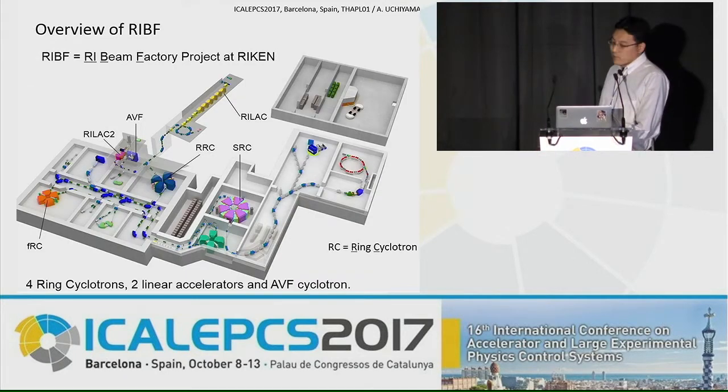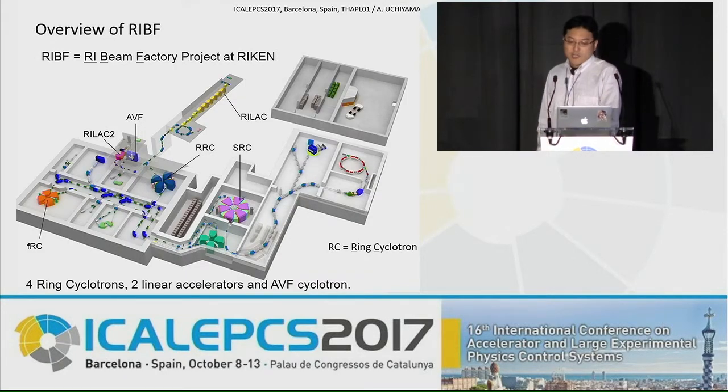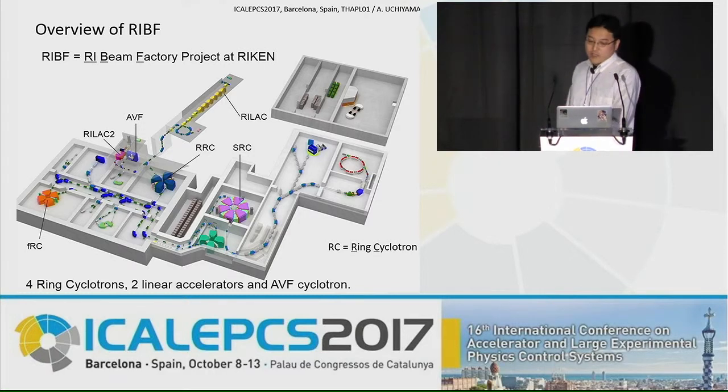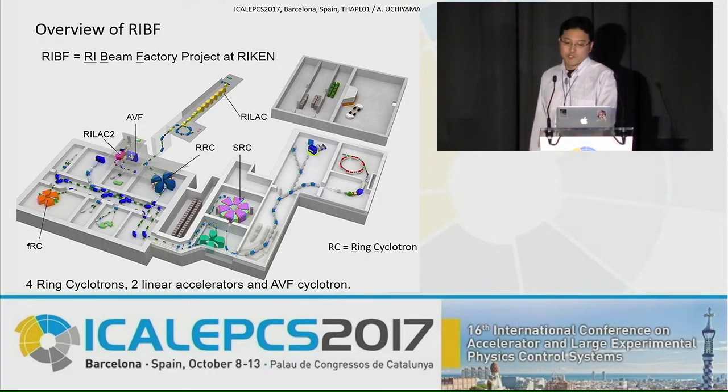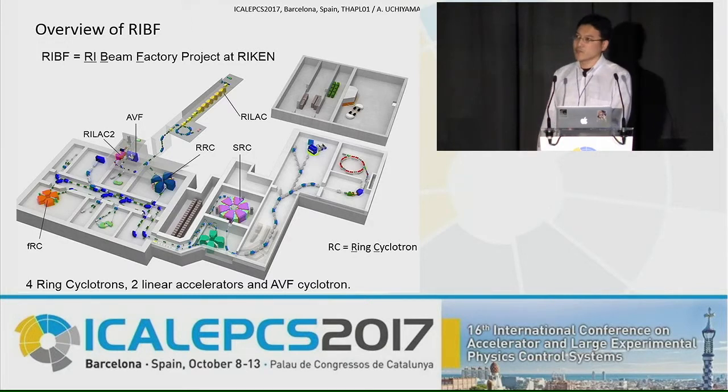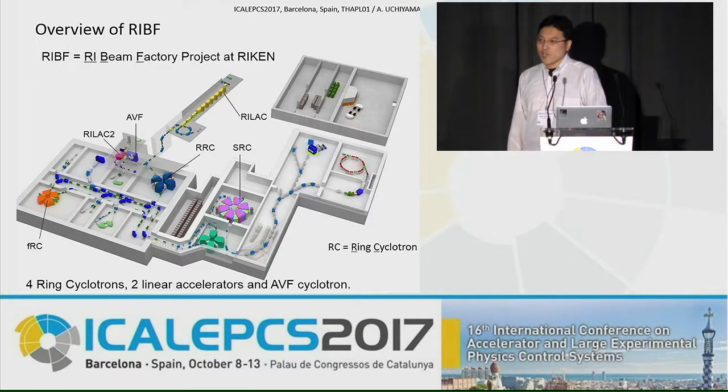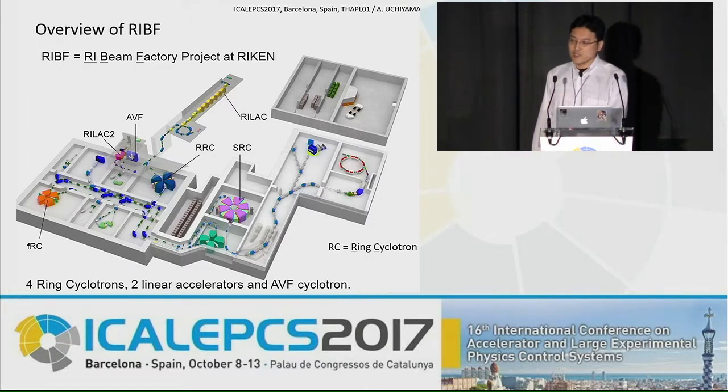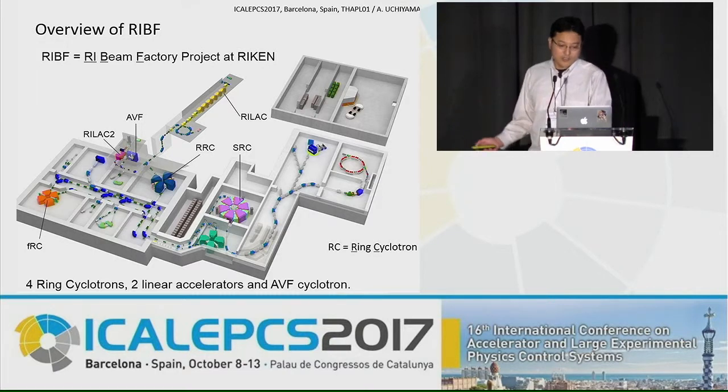This slide shows about the RIBF facility. RIBF, it consists of 4 ring cyclotrons, 2 linear accelerators, and ABF cyclotrons. This is the largest cyclotron facility in the world. There are 2 linear accelerators, Lilac and Lilac 2.